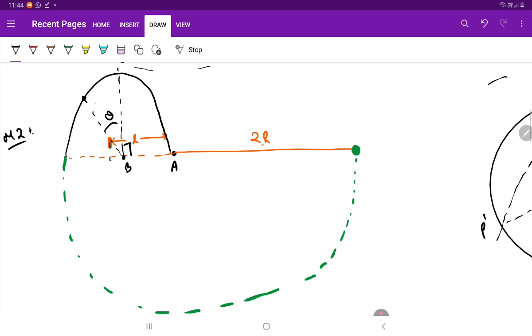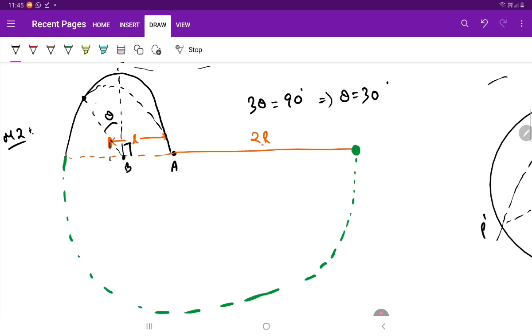Then the point at which it hits the circular trajectory will be 3 theta. So 3 theta should be equal to 90 degrees, hence we get theta equal to 30 degrees. So we can conclude that when the mass is at an angle of 30 degrees with respect to the vertical, the mass would leave so that it just slacks the string and hits the point A.